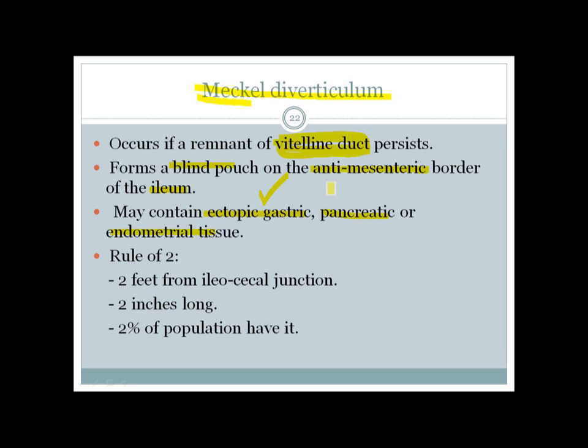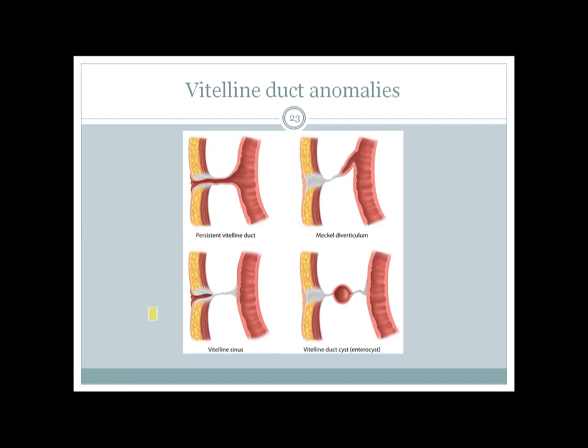So it can have gastric ulcer, it can have pancreatitis, it can have endometrial bleeding into it. There is something called the rule of 2. It's about 2 feet from the ileocecal junction, 2 inches long, and about 2% of the population have it.